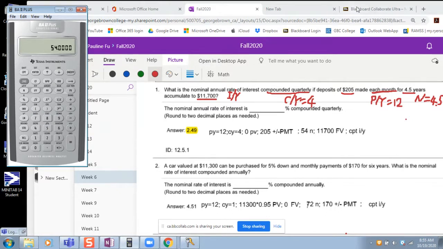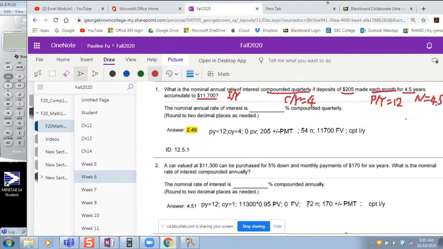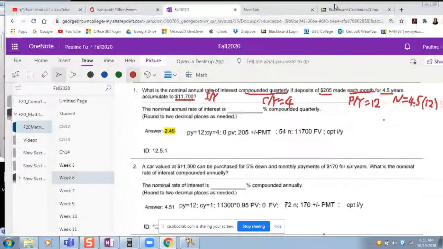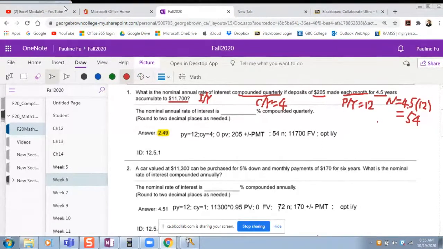It is 54. Okay, so we analyze the questions. Now we go to the calculator.